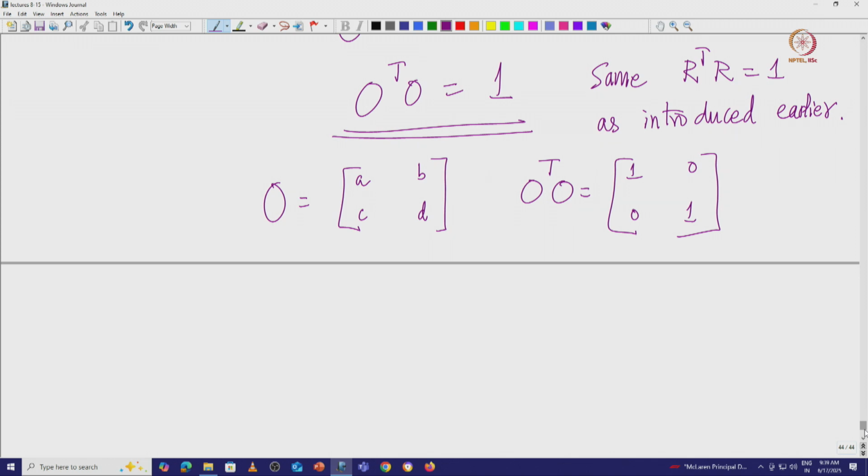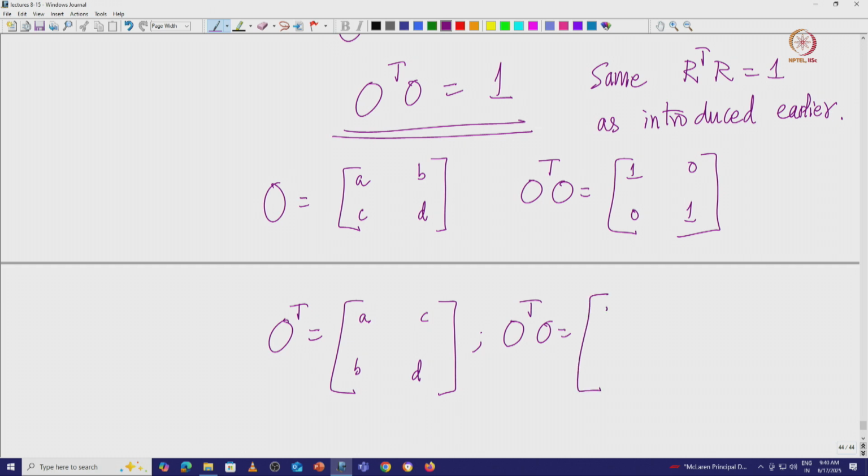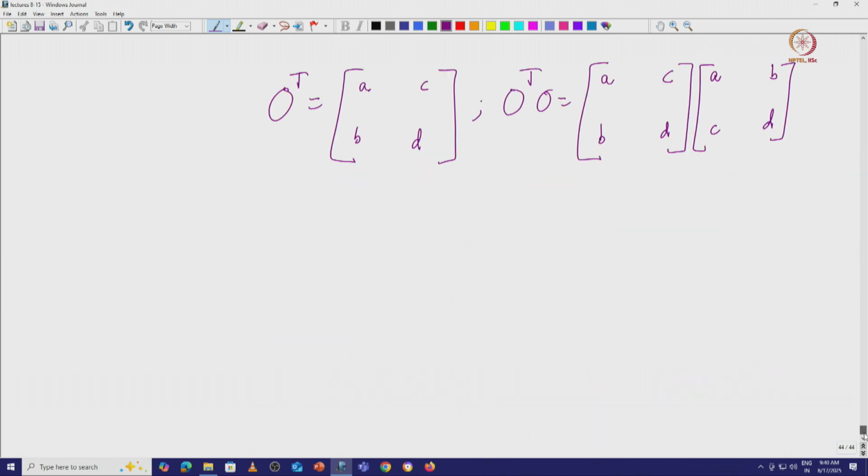So now I define O equal to A, B, C, D. O transpose would be A, C, B, D times A, B, C, D. It is instructive to do this exercise once because it makes our understanding clear.